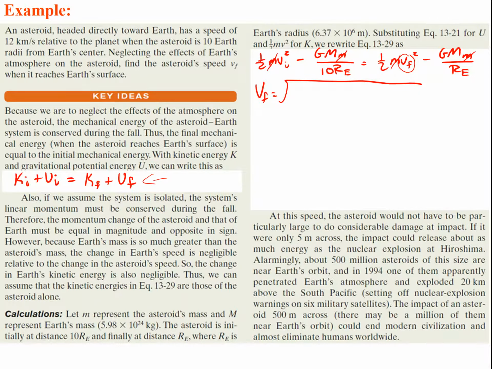Doing this all in one step, you end up with 2 times the first part, which is 1/2 v naught squared minus G M over 10 times the radius of the Earth, plus G M over the radius of the Earth.